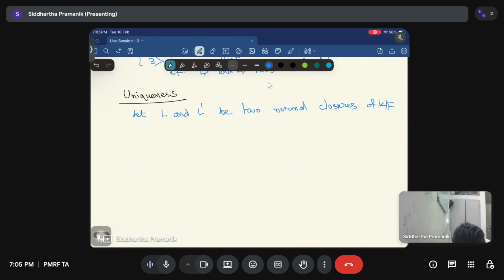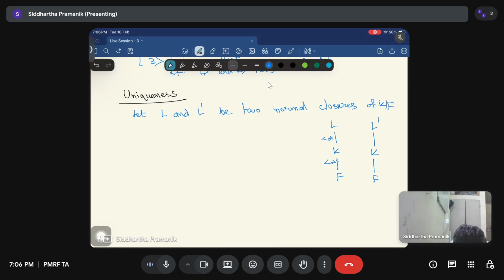Okay, now let's come back to this uniqueness. So here we have K, here we have F, here we have L, and here we have L prime, and here we have K, here we have F. So this is also finite.